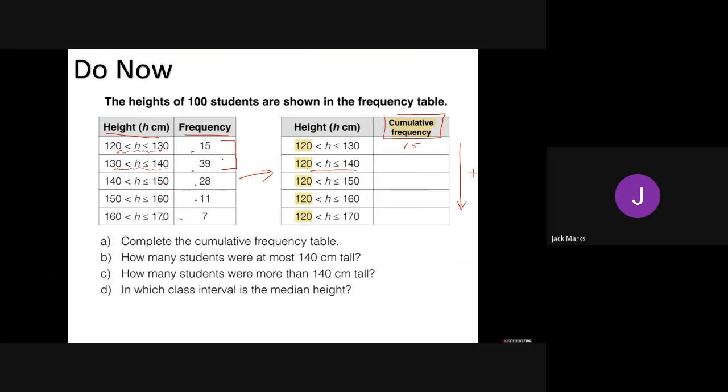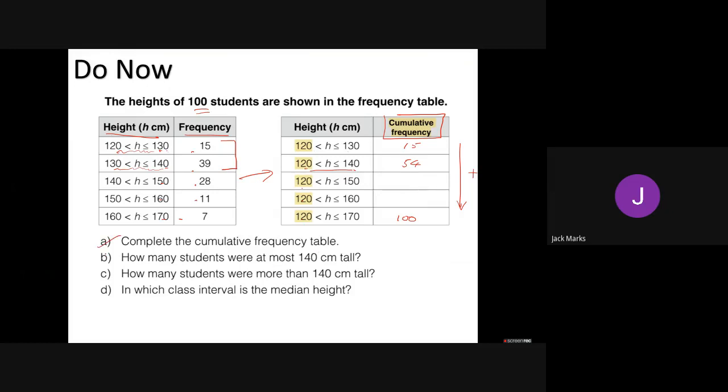Cumulative frequency, we're going to keep track of a running total. So 40 and 15 is 55, take away the 1, 54. Hopefully it makes sense why this is written the way that it is. We keep track of this running total and we would expect at the end to get 100 people. So this is a cumulative frequency table.